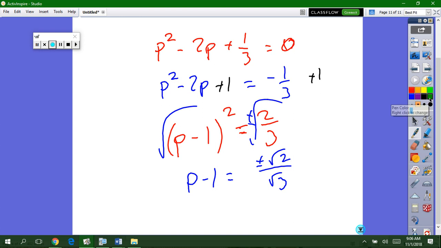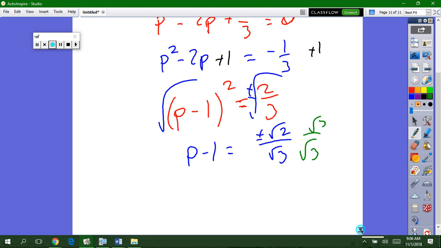Rationalize it by multiplying by square root of 3 top and bottom. I think you're seeing why completing the square is hard, right? Because it's more thought process than just plug and chug. p minus 1 equals plus or minus root 6 over 3.